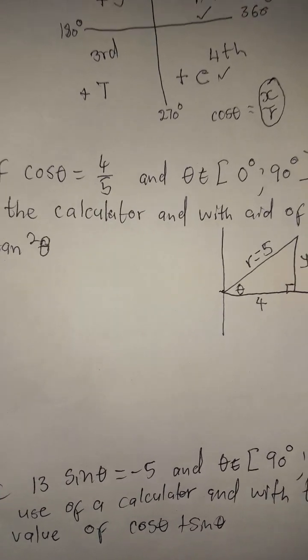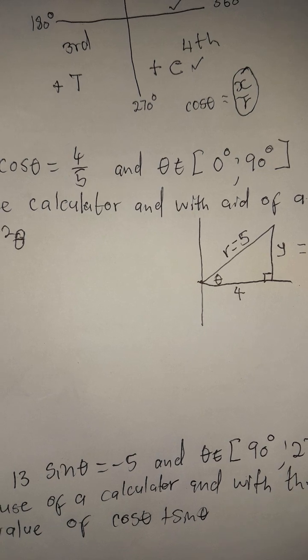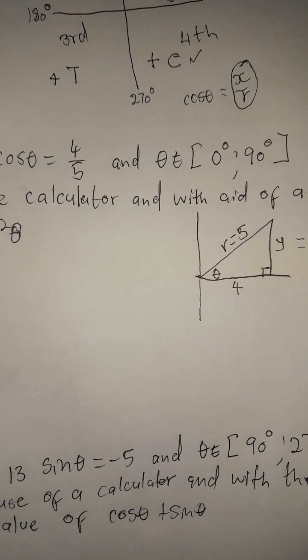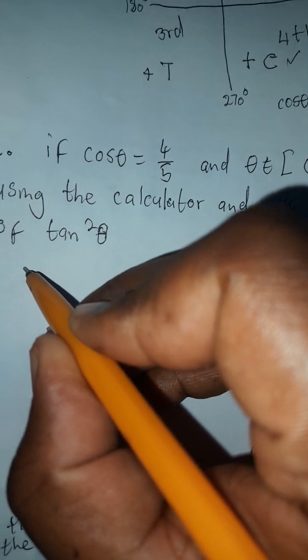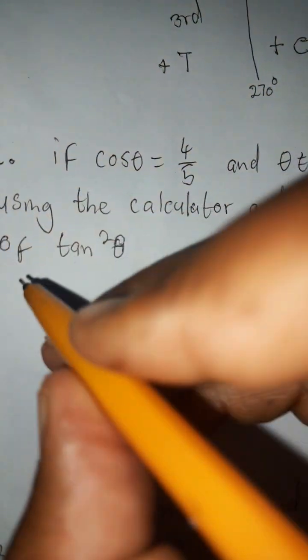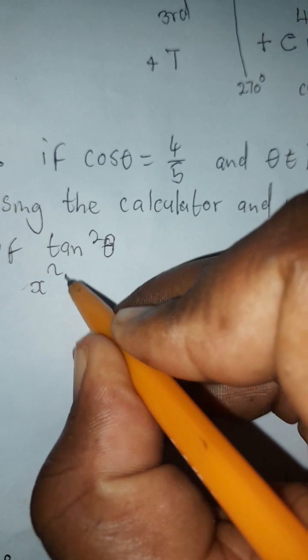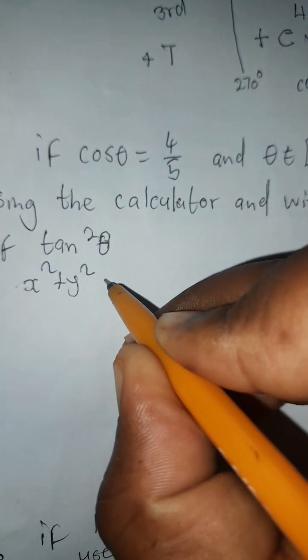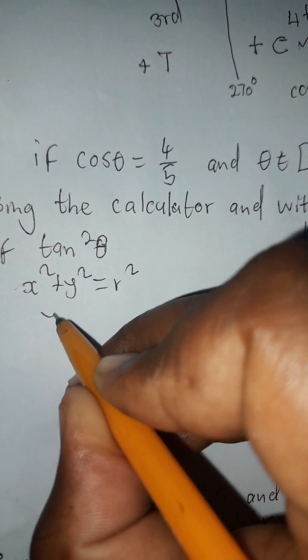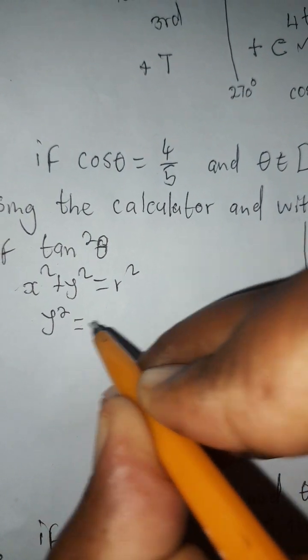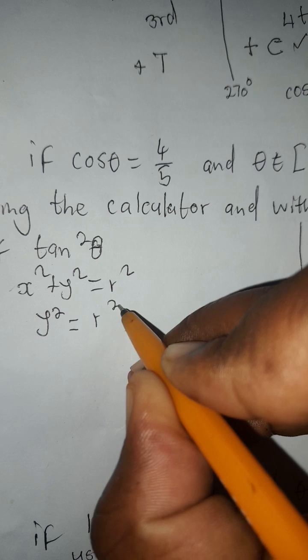When you're given two sides and there's a missing side, you can use the theorem of Pythagoras. So in this case, I am going to say x squared plus y squared is equal to r squared. What is missing is y, right? So I'm going to make y the subject. I'm going to say y squared, transpose x squared to the other side.